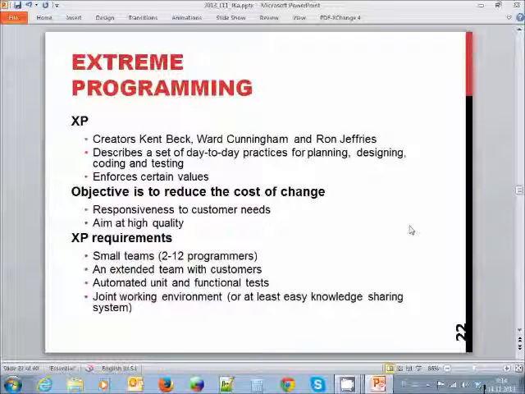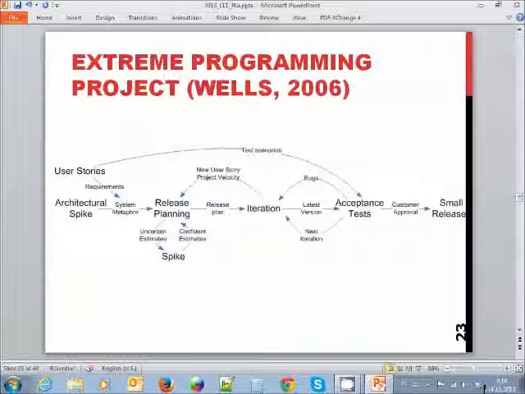And we have access to the customer, so if we need information on something, we can just ask them. We apply automated and functional testing and work in one place, one office, or at least in one building, so that everyone is readily available. So this is more or less the model of extreme programming.